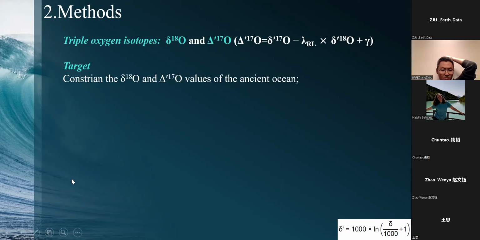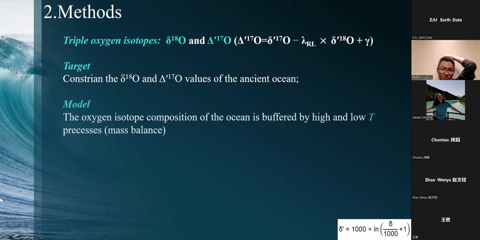The target is that they try to constrain the oxygen isotope values of the Archean ocean; they have to constrain these parameters if you want to constrain the ocean temperature.